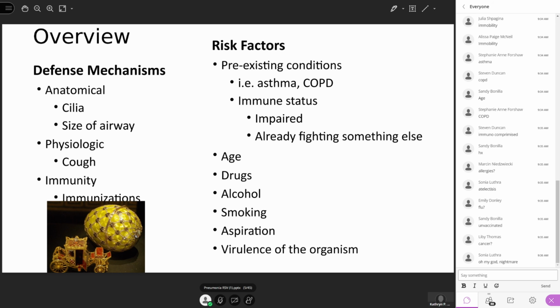And also to get them to cough, right? So we can have our clients do deep breathing and coughing and get them to mobilize. The nice thing about children is once they start to feel a little bit better, they'll get up and run around. But to try to get them to cough and to do deep breathing is a challenge.